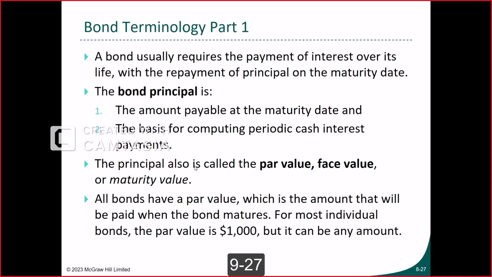So yes, as Natalie said, when you invest in bonds, you're going to receive the interest payment every interest period, every year, or twice a year, or every quarter. And at the end, at the maturity day, you will receive the principal.